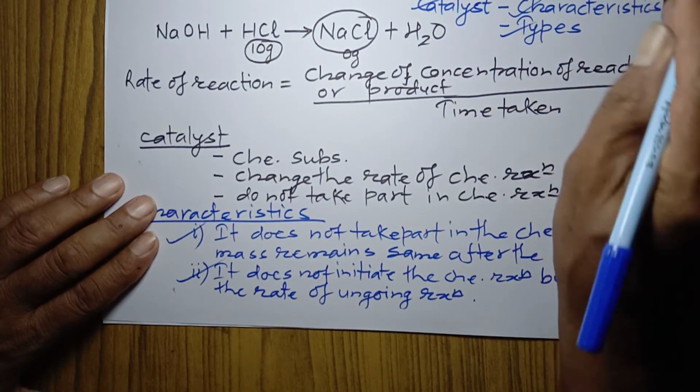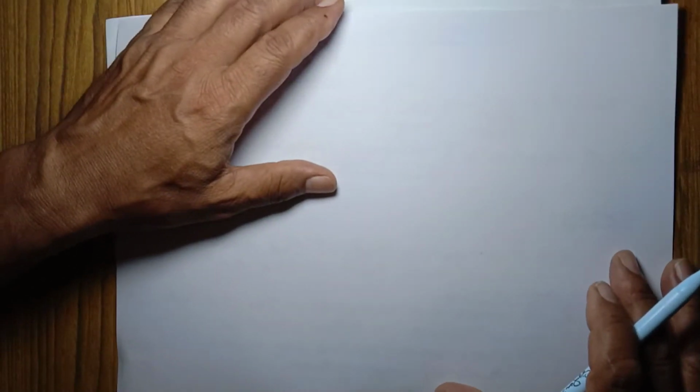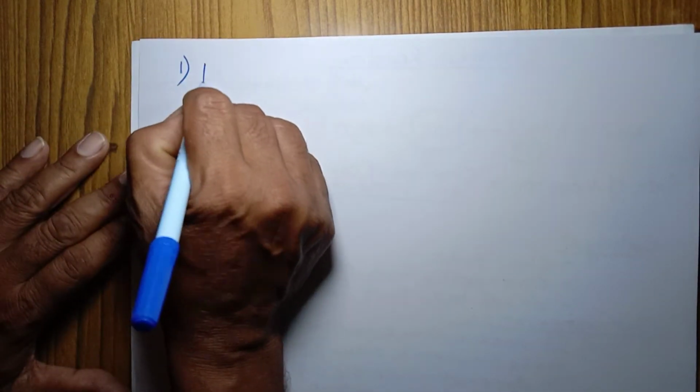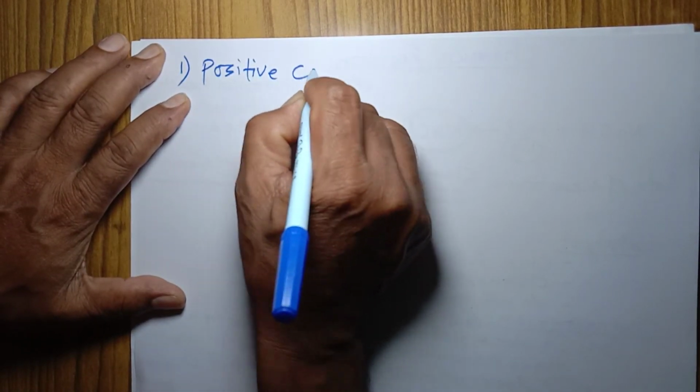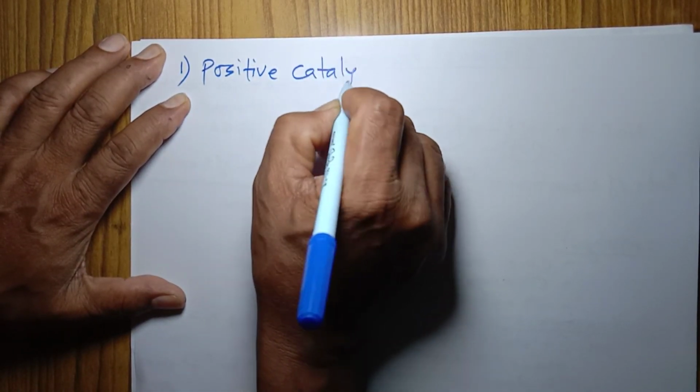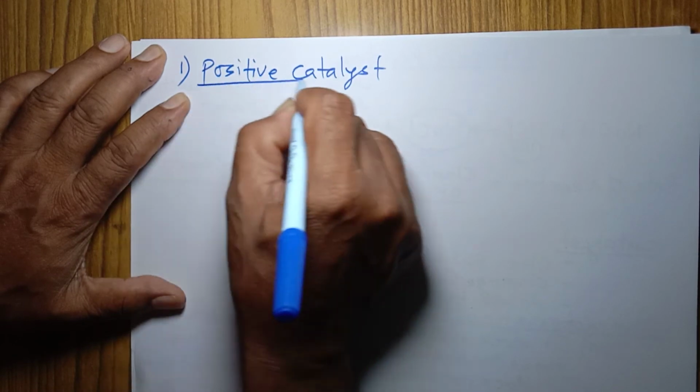Now let's talk about types. Catalyst is divided into two types. Number 1, positive catalyst. Another is negative catalyst.